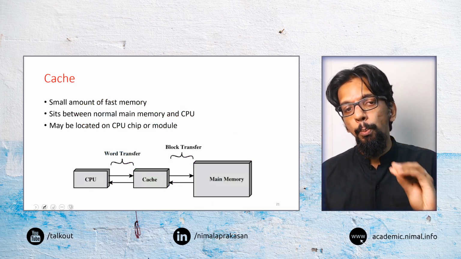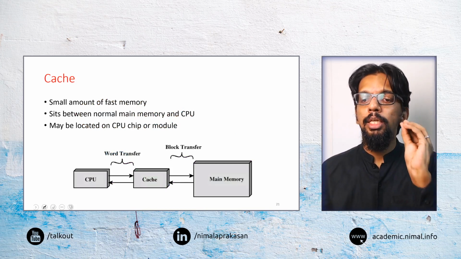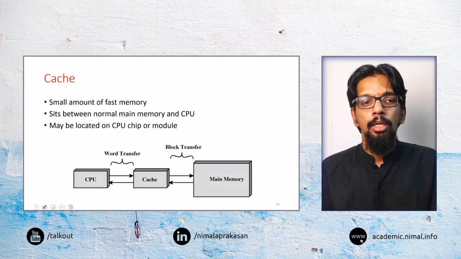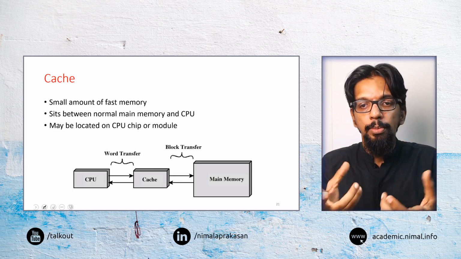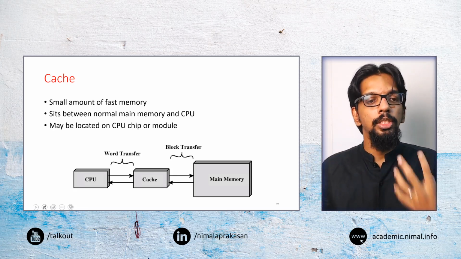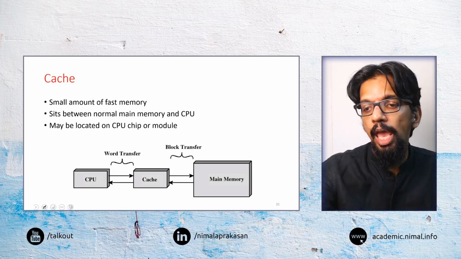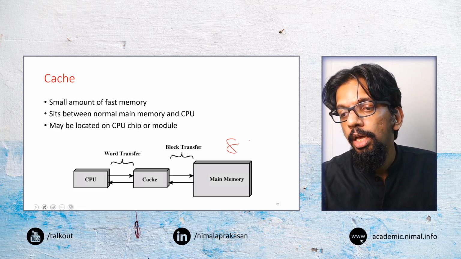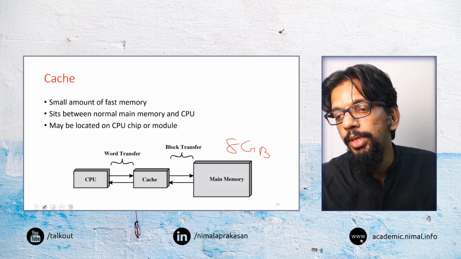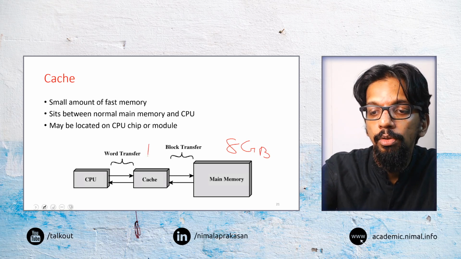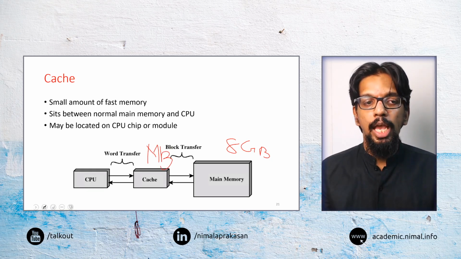The first point is that the cache memory is going to be a small amount of memory, but it is going to be much faster memory. For example, if we have an 8 GB main memory, we may only have a few megabytes of cache memory.